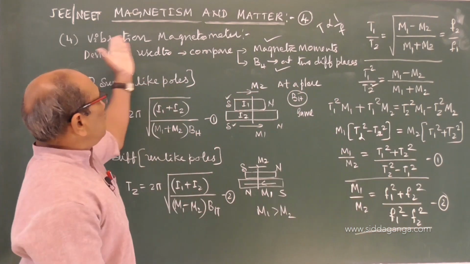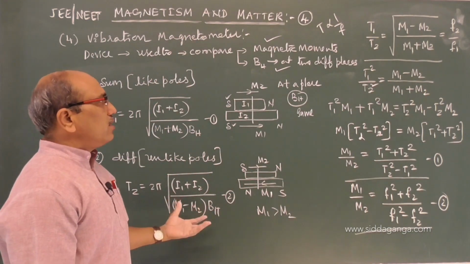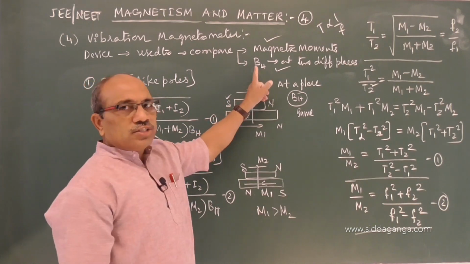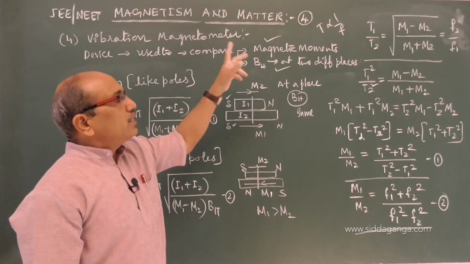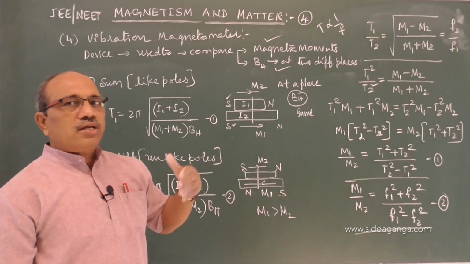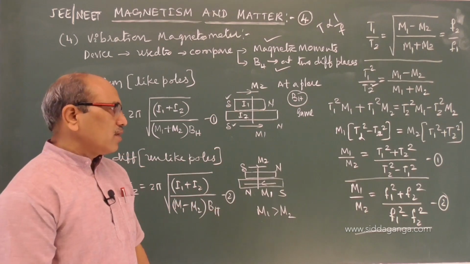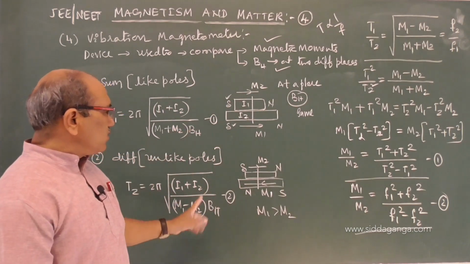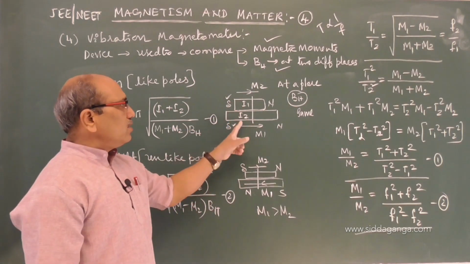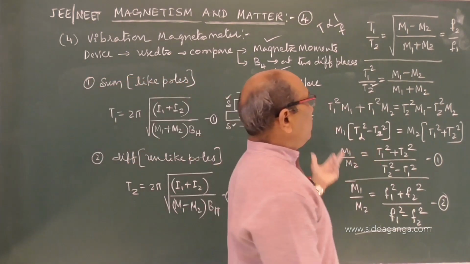Thus, the vibration magnetometer is a device used to compare the earth's horizontal component at two different places. Knowing its value at one place, we can find the value of BH at the other place. Or using the sum and difference method, we can compare the moments of two bar magnets, M1 and M2.